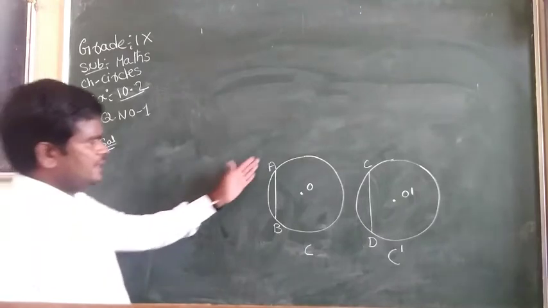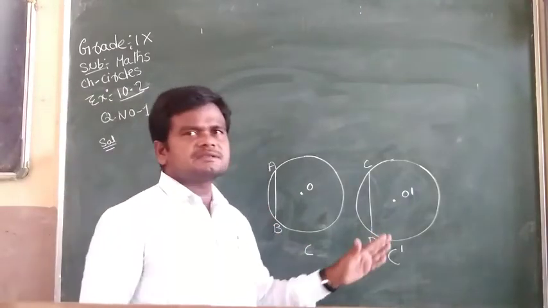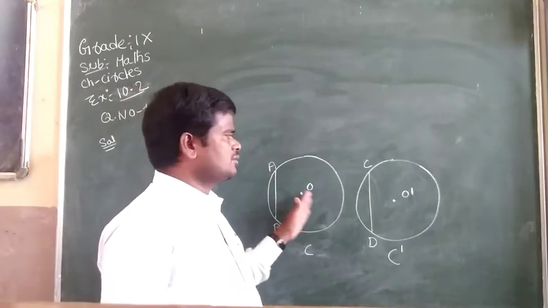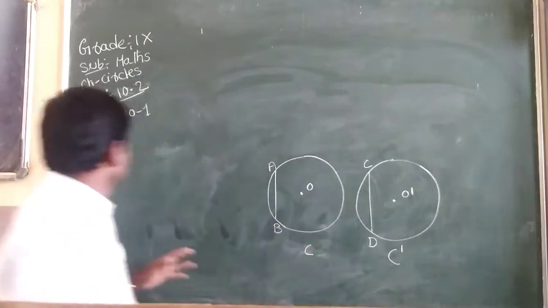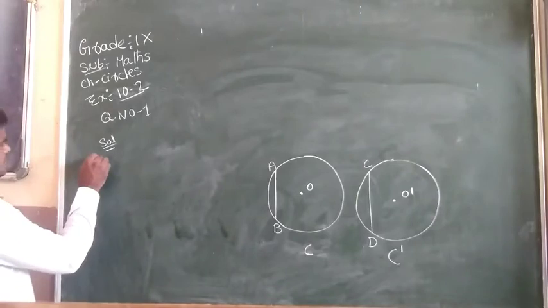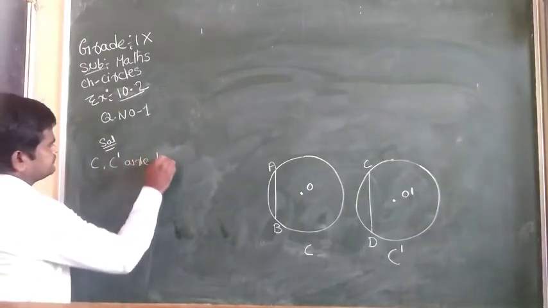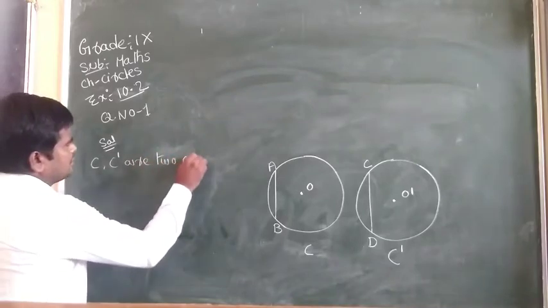First, given: C, C dash are two congruent circles with centers O and O dash. So C and C dash are two congruent circles.